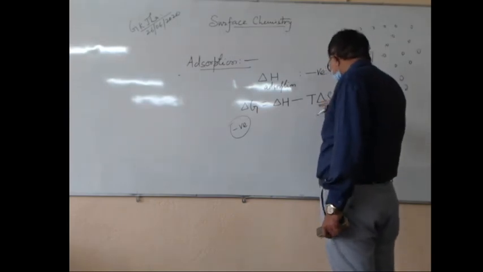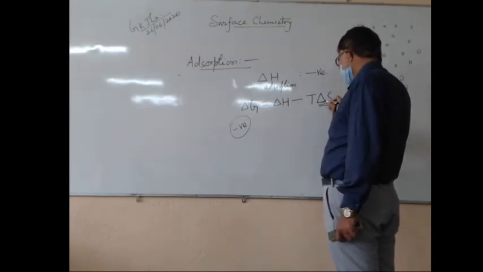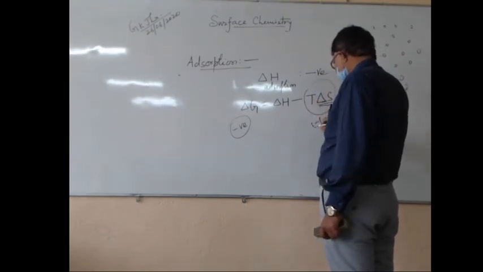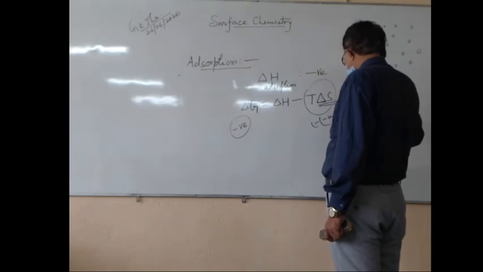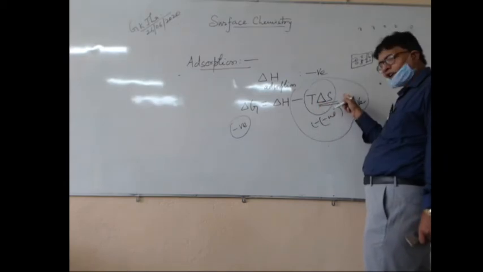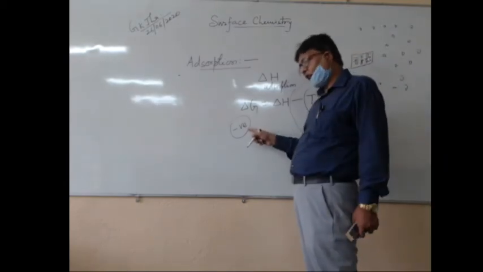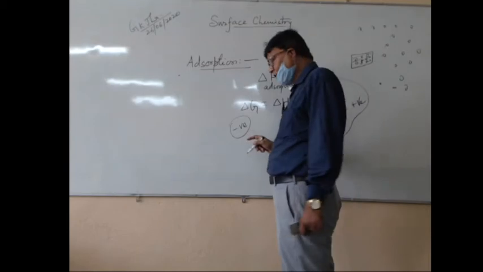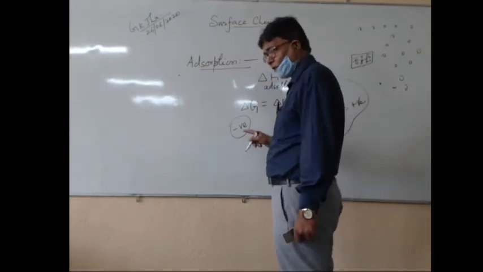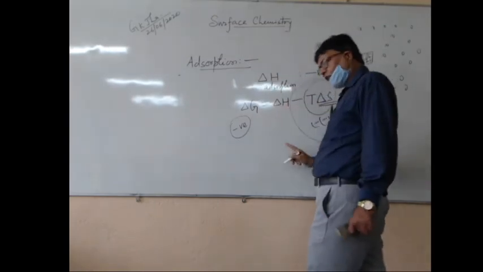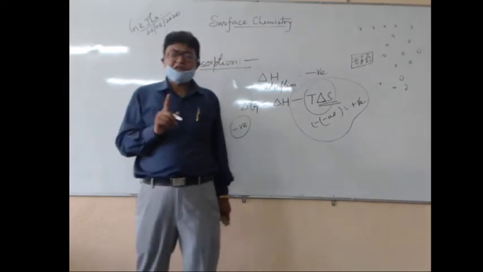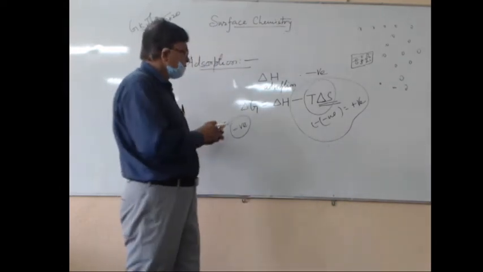So T into delta S is negative, and minus T delta S is positive. Delta G has to be negative, and this is only possible when delta H is negative. Therefore we conclude that adsorption is an exothermic process.